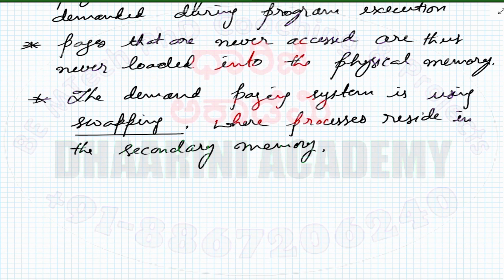Otherwise your RAM will get overloaded, and we know that the space in RAM is very limited. That's why we use the paging system in virtual memory space, which will be created in the hard disk itself.